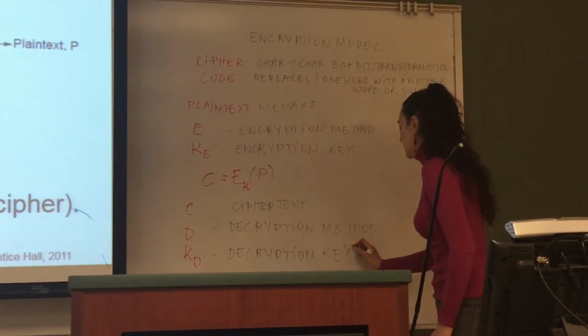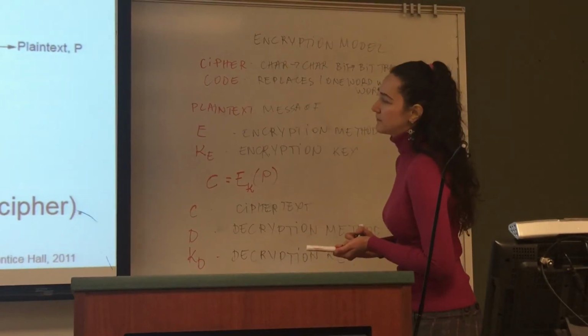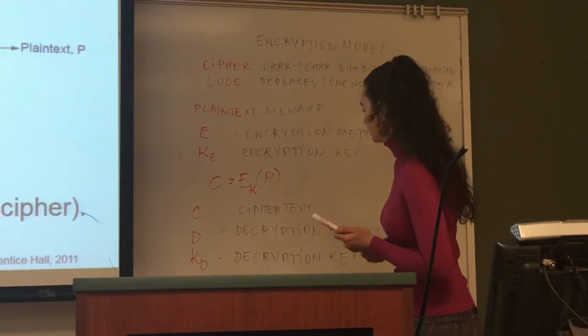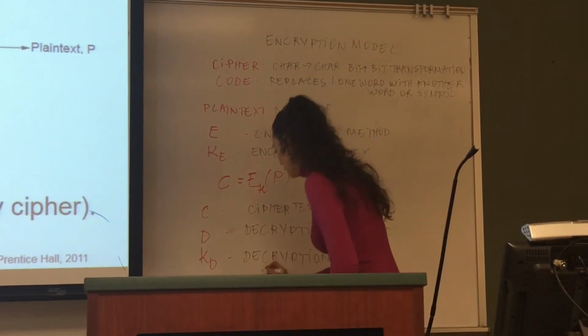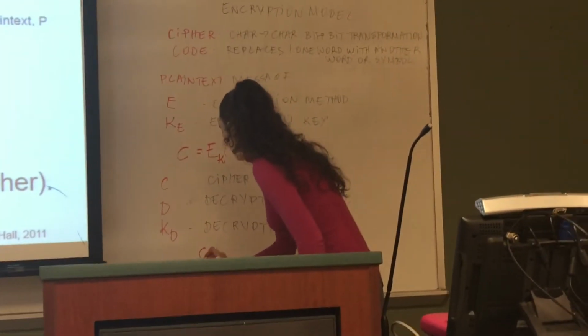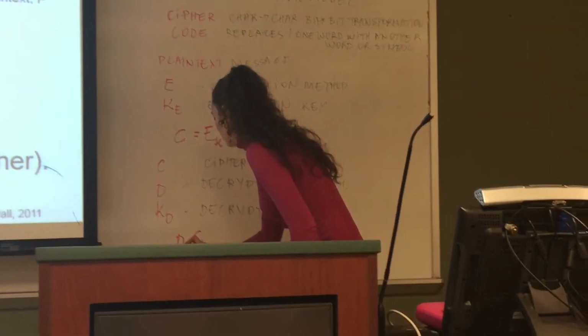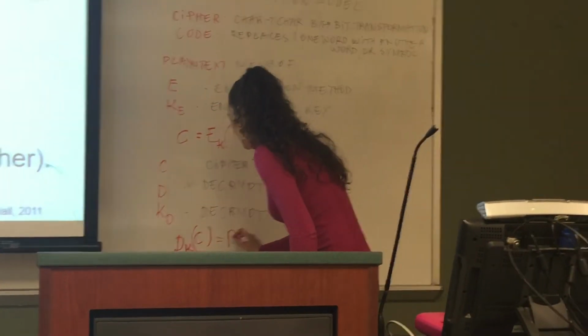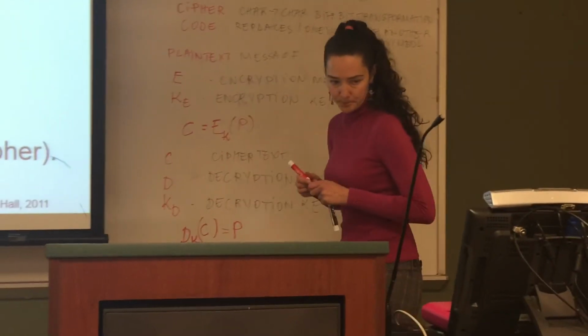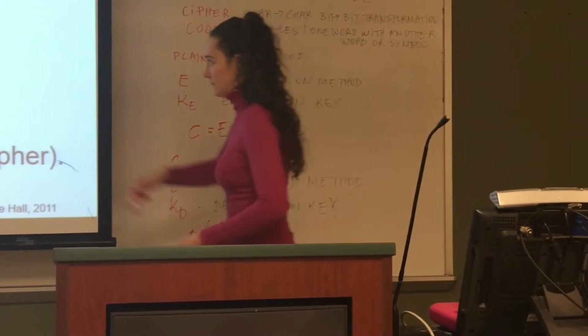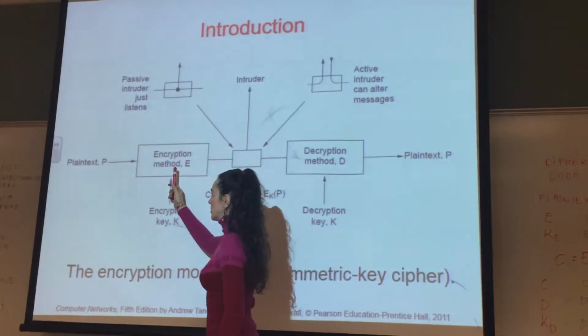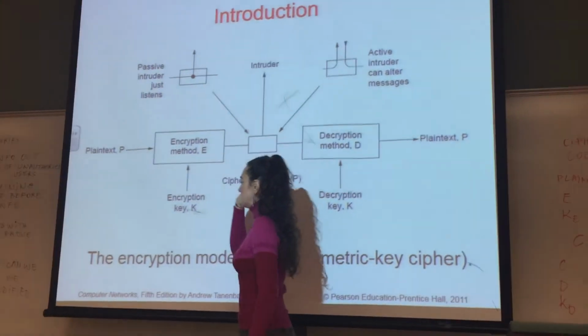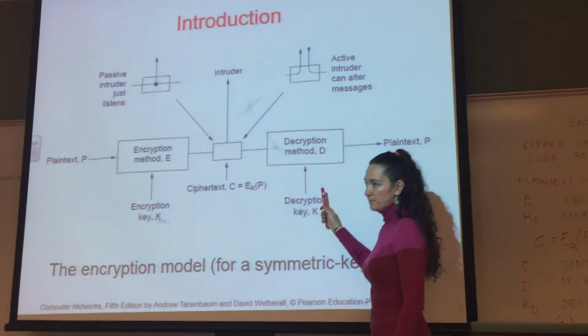So if we take the ciphertext and apply the decryption method with the decryption key, we should obtain back the plain text. So this is happening on the sender's machine. This is happening on the receiver's machine.